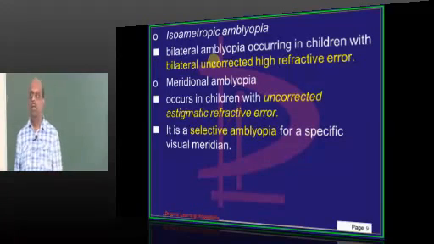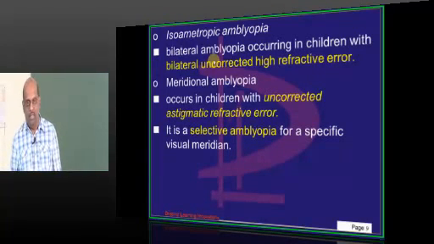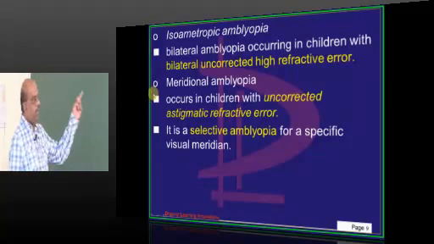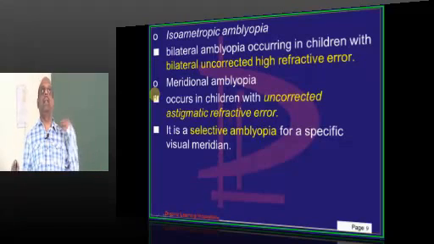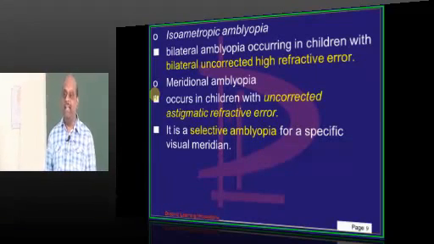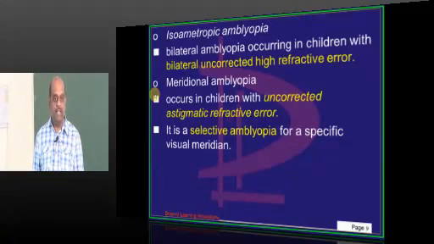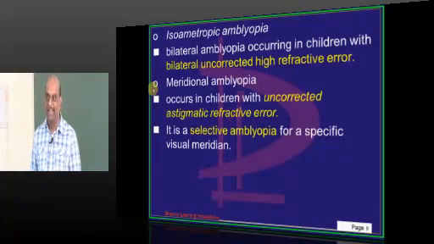Suppose there is a bilaterally high refractive error, then that can lead to a bilateral amblyopia. When big images are coming, it is like watching a movie sitting in the first row on a Saturday evening where the movie theaters are very busy. Can you appreciate a full-blown hero-heroine dancing?